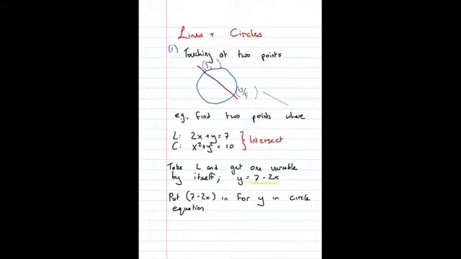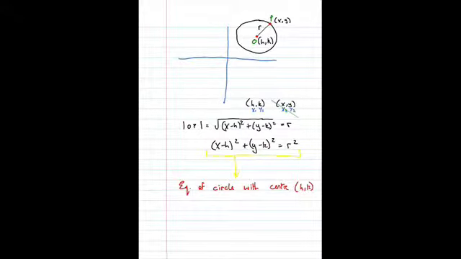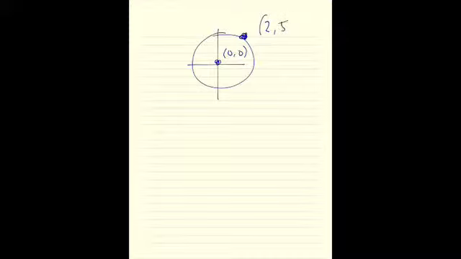Right. So let me do an example for you. Insert add page below. Okay, so if I have a circle, center is 0, 0, and that's 2, 5.